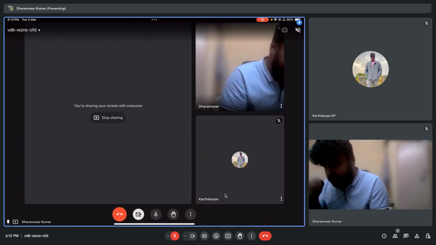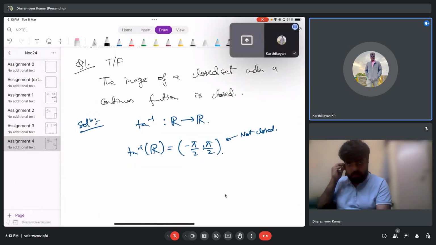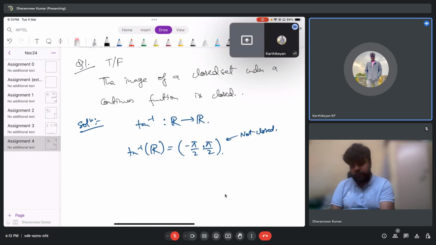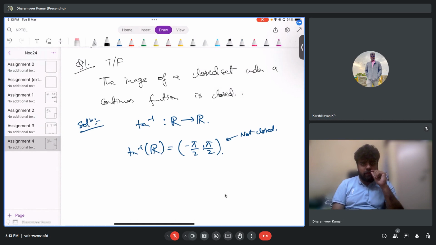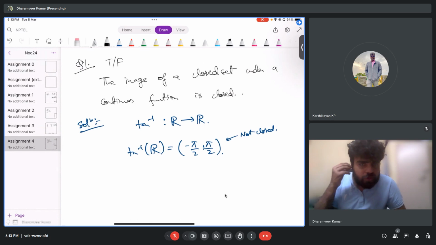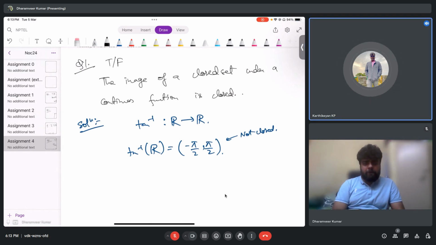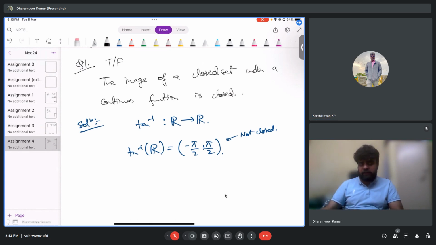Yeah, Karthike, go ahead, speak. Yeah, basically R can also be an interval. It's mapping interval to interval.